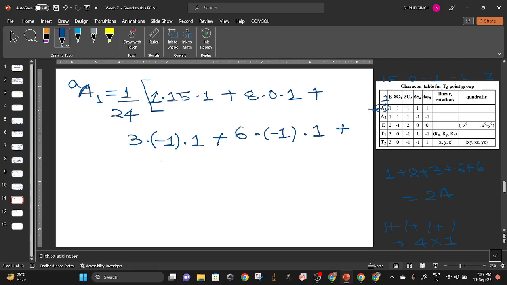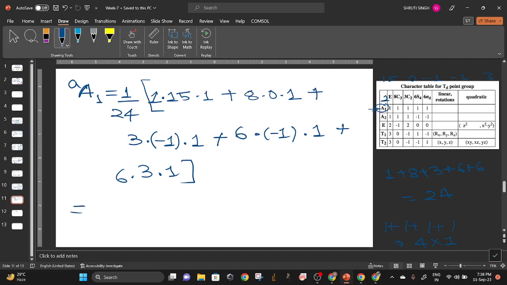Next, the coefficient is 6 times 3 times 1. So for A1 we have completed all the symmetry operations. We have 5 symmetry operations, so we get 5 terms.